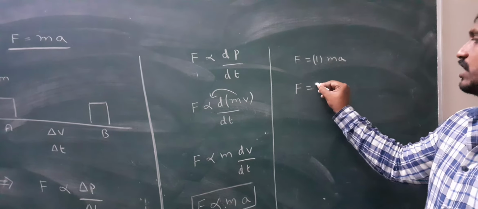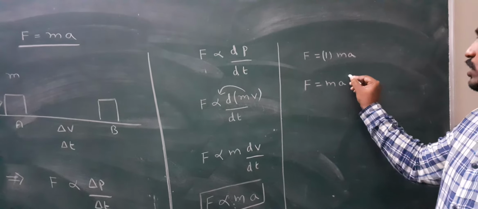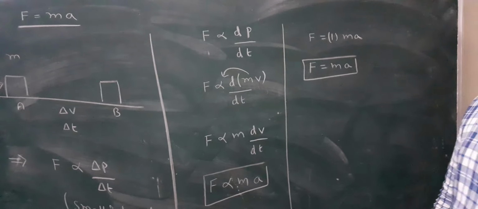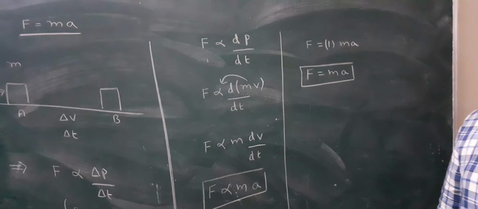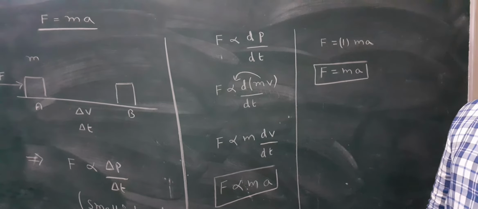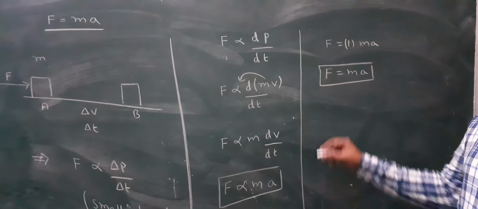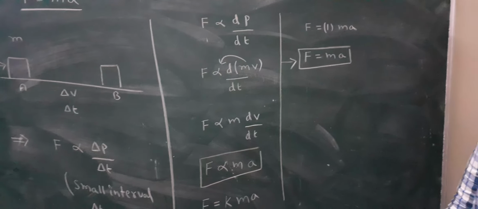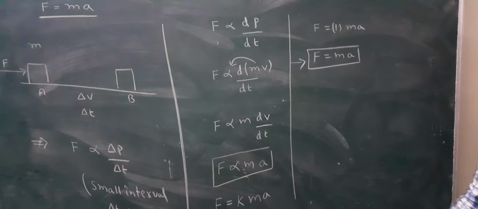Finally, we derive F equal to ma. Here F indicates force, m indicates mass, a indicates acceleration. This is the formula F equal to ma.